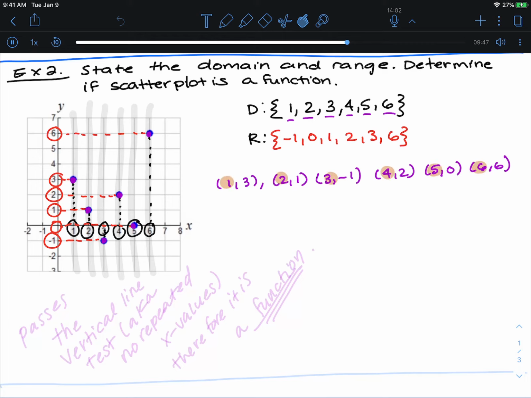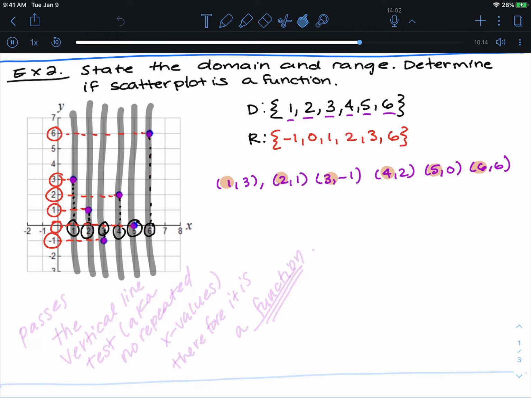Another thing that you could do is called the vertical line test. I don't know if you guys remember this one. But we can do the vertical line test. And if it passes the vertical line test, then that means that there are no repeated x values, right? So if I do the vertical line test right here, that line only touches 1 point. Vertical line test here, that line only touches 1 point, 1 point, 1 point, 1 point, 1 point.